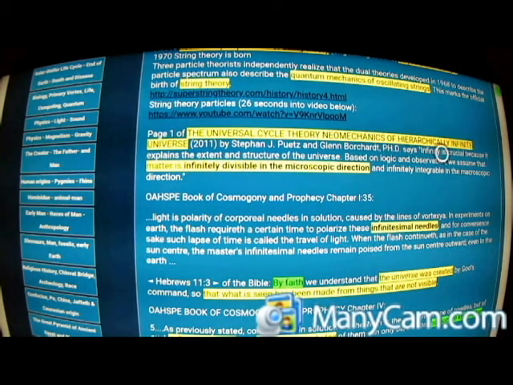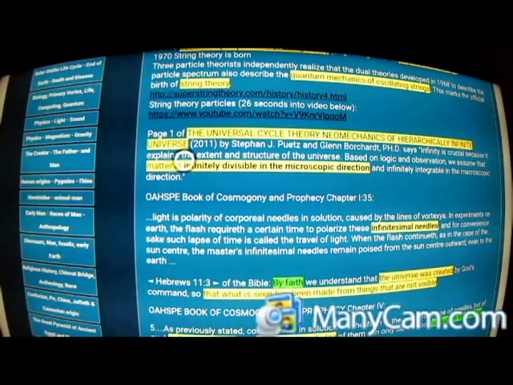Based on logic and observation, we assume that matter is infinitely divisible in the microscopic direction and infinitely integrable in the macroscopic direction. So keep in mind what that book said, infinitely divisible in the microscopic direction.